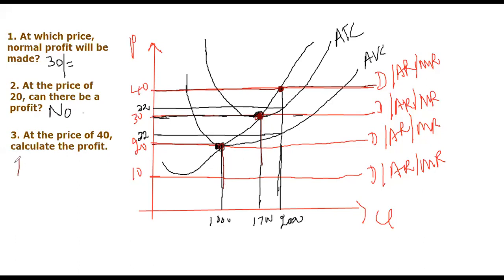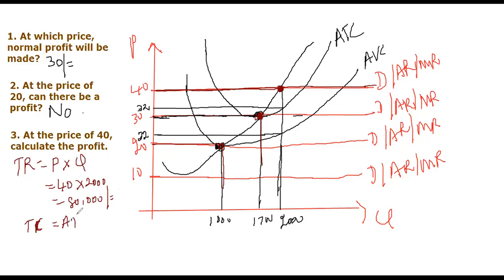Profit, how to calculate? First, you must calculate TR, price into quantity. So what's the price? 40. What's the quantity? 2000. So TR is how much now? 80,000 rupees. Then you want to find the TC.